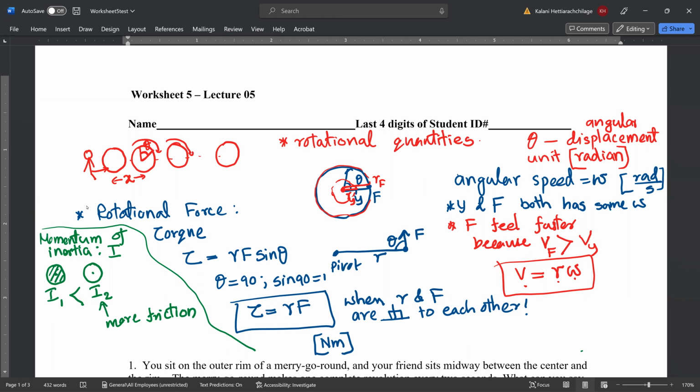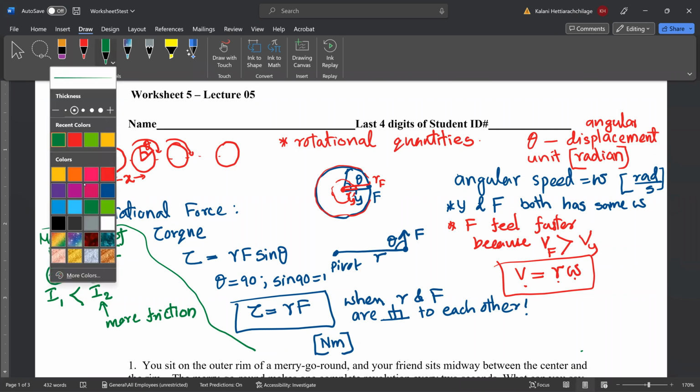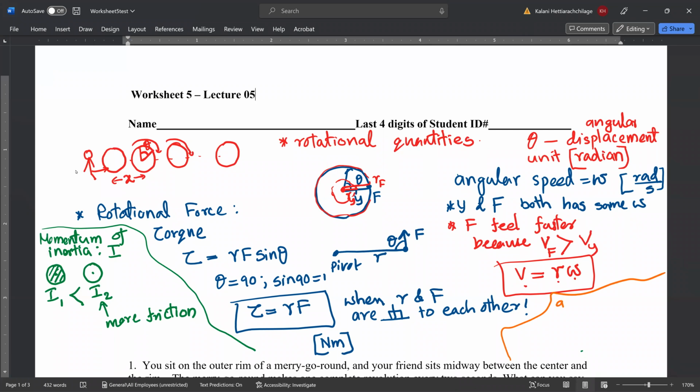Okay, so I think I covered all the materials that we discussed. And also one last thing we discussed is angular momentum. Let me write it here, angular momentum. So similar to the momentum that we discussed earlier, linear momentum, we discussed angular momentum. Angular momentum, we use the symbol L for that. And it is equal to I, that means moment of inertia, times the angular speed.